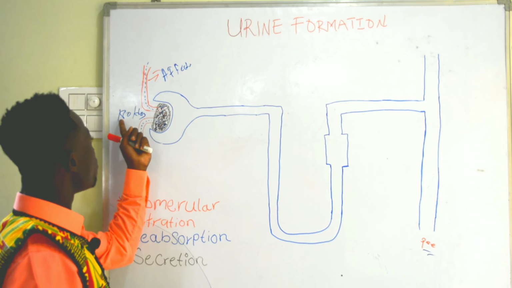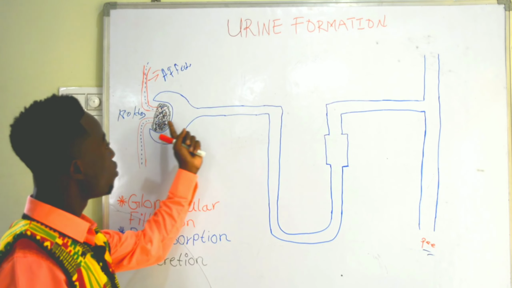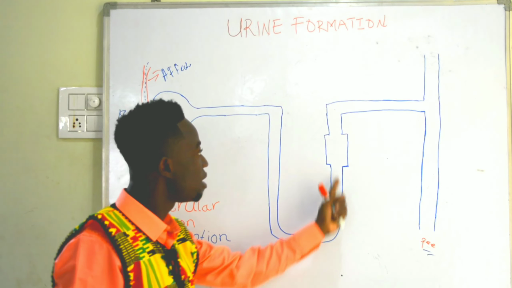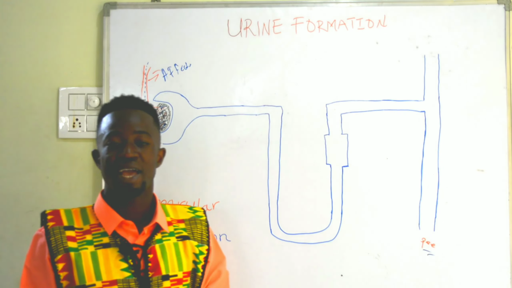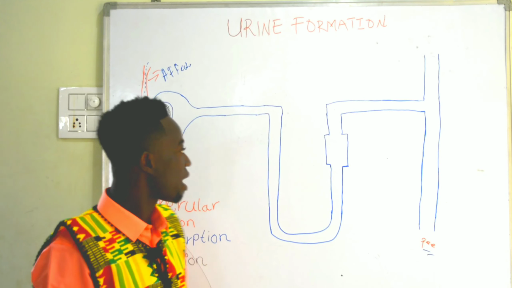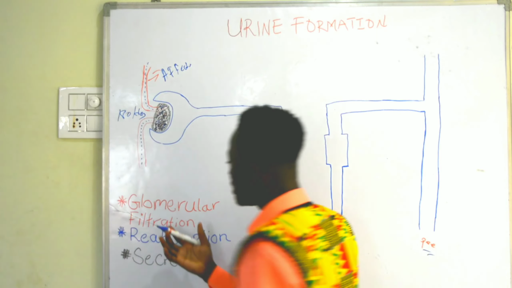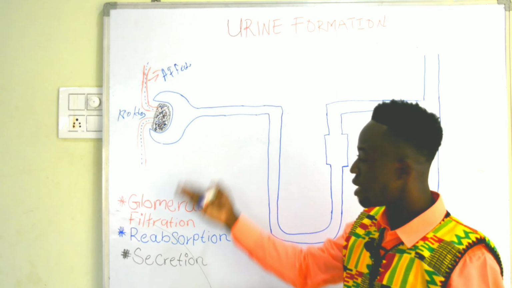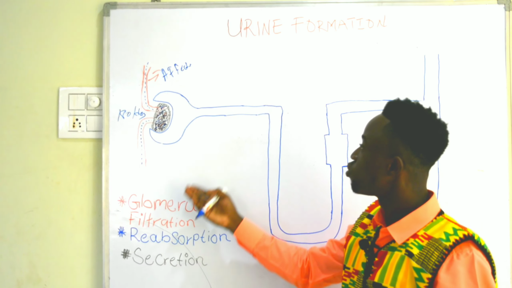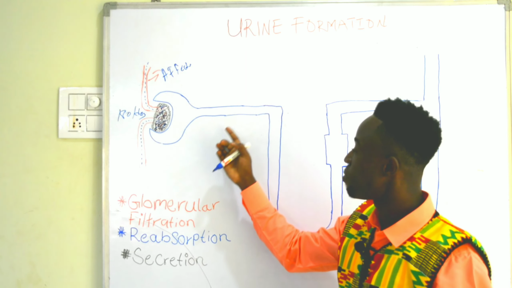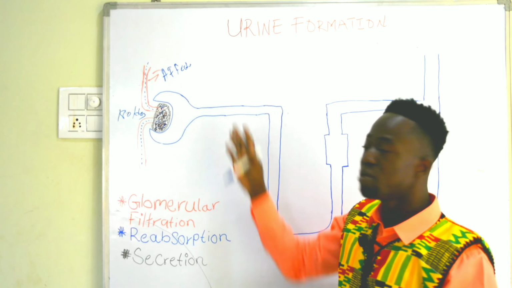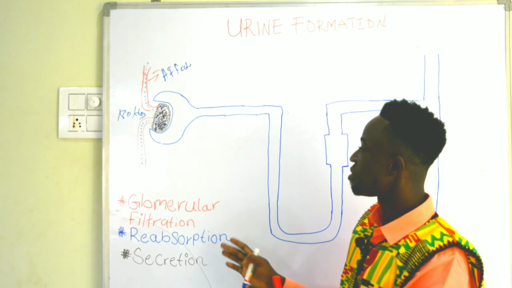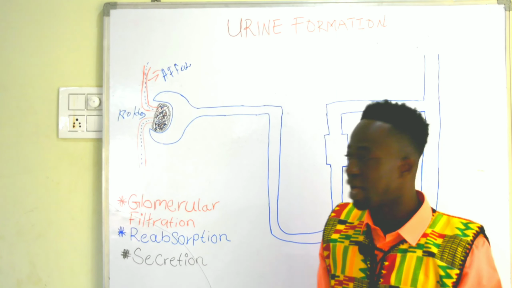Means that when we filter the 180 liters, we go all the way through this tube, the nephron, and come out as pee. Means that we would die quickly. So here, many things have to occur. That is reabsorption. Everything that comes through the glomerular filtrate, 99% of it is going to be reabsorbed.